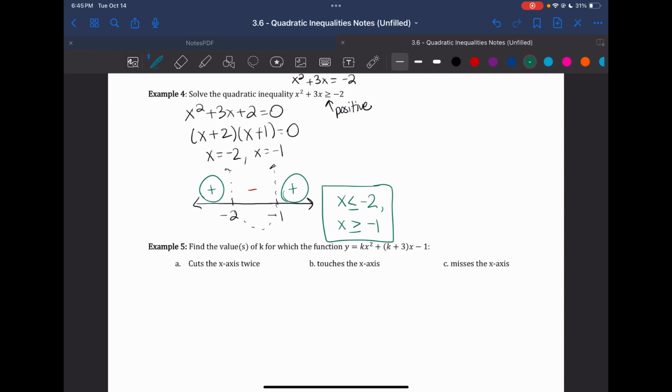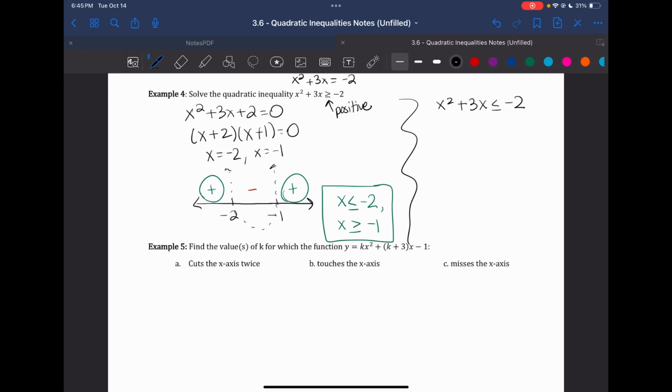So if you do run into the circumstance where instead it looks like a less than sign, so if this problem instead asked where x squared plus 3x is less than or equal to -2, obviously I would take the same steps and I would still end up with the same sign diagram.